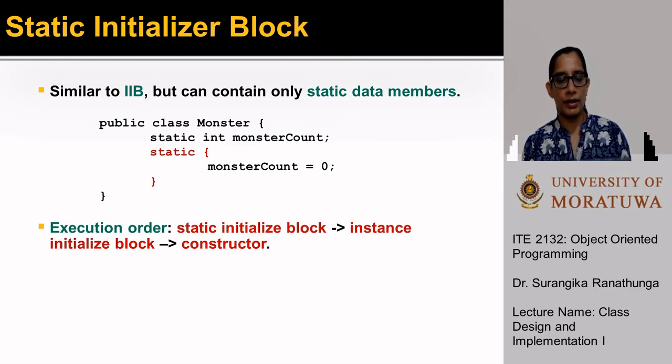The idea behind this is that first the static initializer block will do initializations that are common to all objects, and then the instance initializer block will run the code that is specific to the object, and the constructor will run the code that is specific to the constructor.